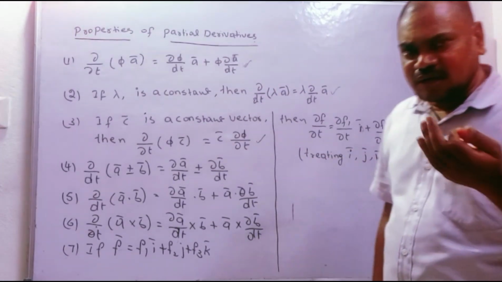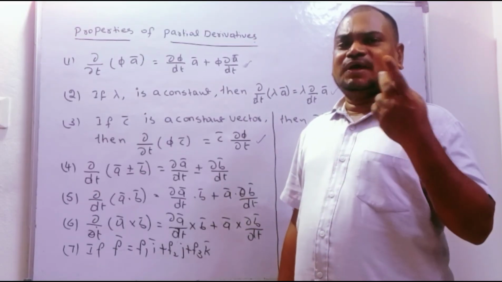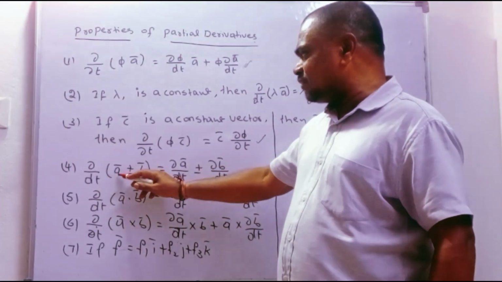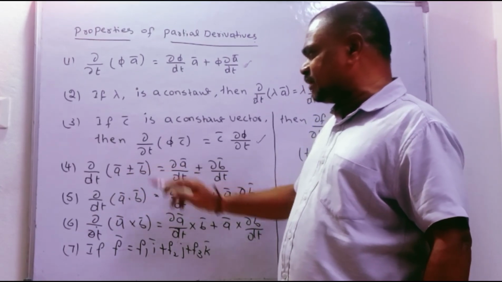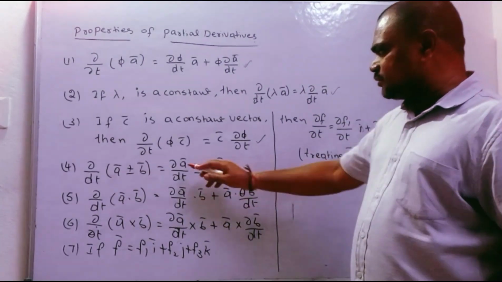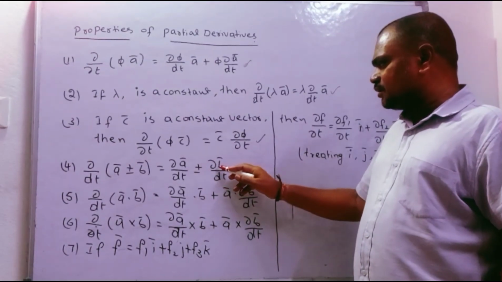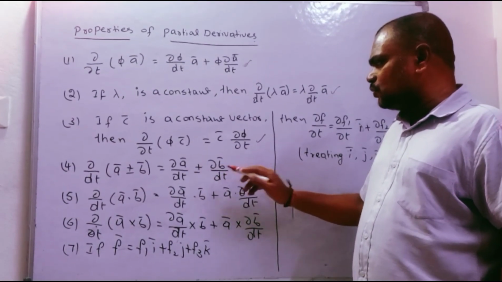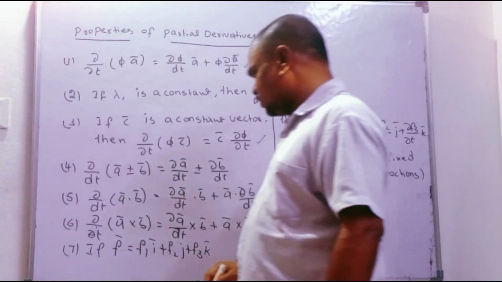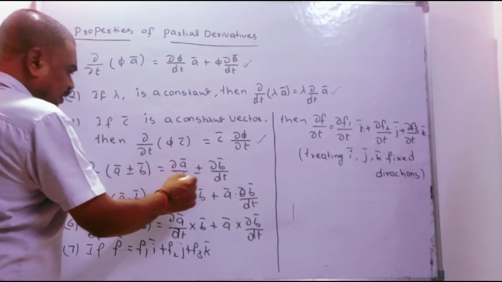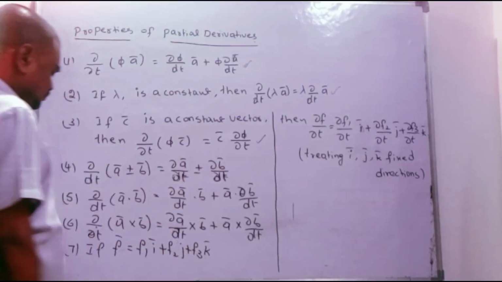If a bar, b bar are two vector functions, then dou by dou t of a vector plus or minus b vector equals dou a vector by dou t plus or minus dou b vector by dou t.